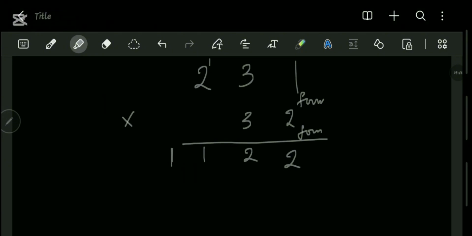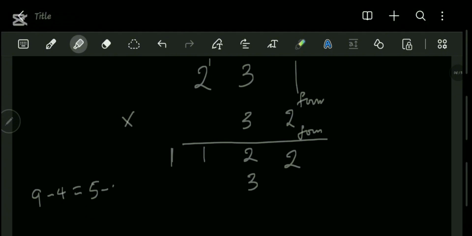Now I'm done using these 2, so I'm using this 3 now to multiply. 3 multiplies 1 to give me 3, which is less than 4, so I can drop my 3, and then 3 times 3 is 9. I can't write 9 in this place because 9 itself is bigger than 4, so I have 9 minus 4, that gives me 5. I still can't drop 5 here because 5 is bigger than 4, so I keep subtracting.